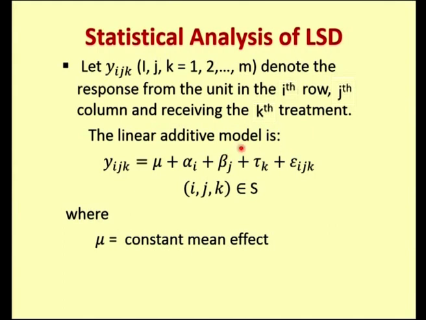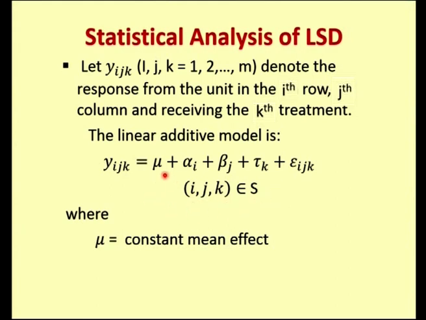So, the linear model assumed under LSD is Yijk equals mu plus alpha i plus beta j plus tau k plus epsilon ijk, and this model is additive in nature. The triplets ijk belong to S, because the triplet ijk can assume only m squared values out of the possible m cube values, and this S is nothing but the set of all m squared values. So, we write ijk belongs to S.